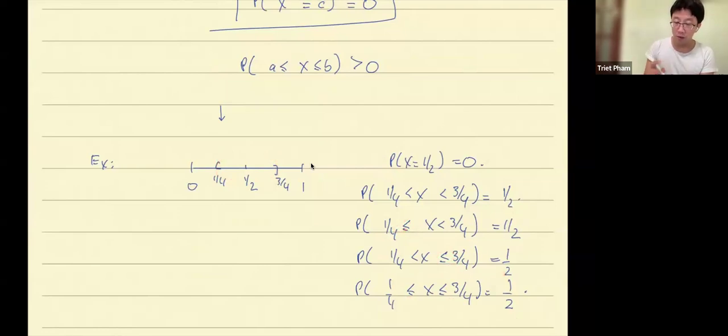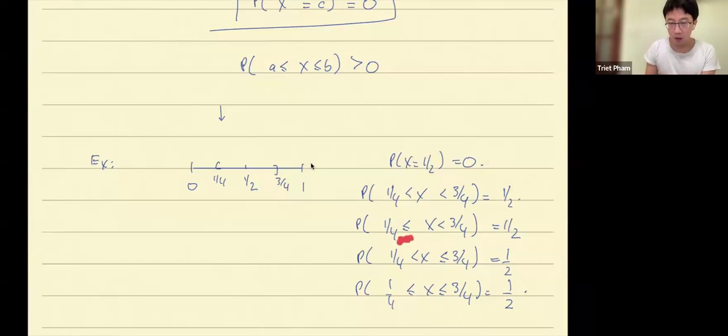But with discrete, that's not true. Discrete random variables, you might go over a single value and you might pick up a probability mass, because the random variable will take on that value with some probability. Okay. So with a continuous random variable, you have the luxury, if you will, of not paying attention to whether you write less than or equal to or less than.